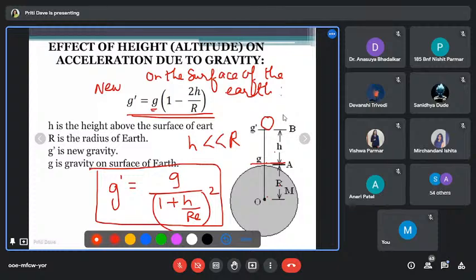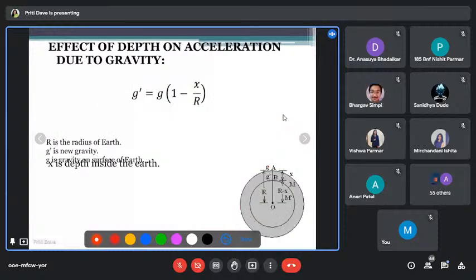All right. So this is when you move up the surface of earth, when you're moving at height. In the same way, if you move inside the earth, if you move towards the center of the earth, that is depth of the earth, then in that case, your equation of new gravity would be equal to g dash into 1 minus x by r, where x is the depth in which you are going.